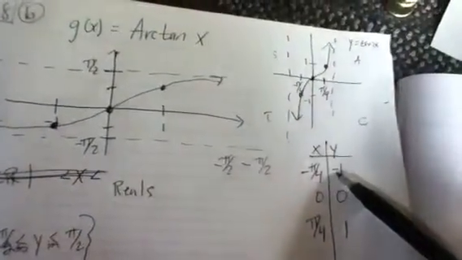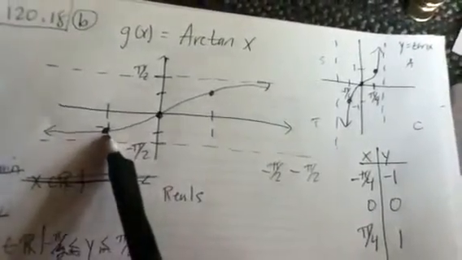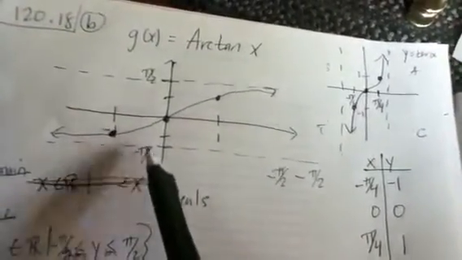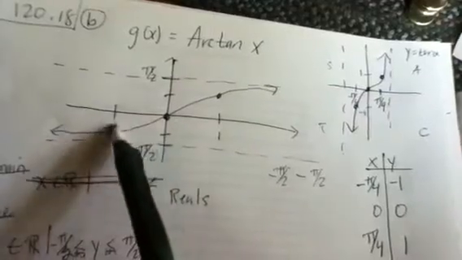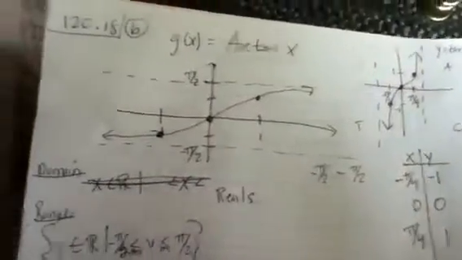Also, see how the 1 and the negative 1 were on the vertical axis, now they have to go on the horizontal axis. And then I can just go (-1, negative pi over 4). Negative pi over 4 is somewhere in between negative pi over 2 and 0, so it's right there. And there's 0, and there's that one.